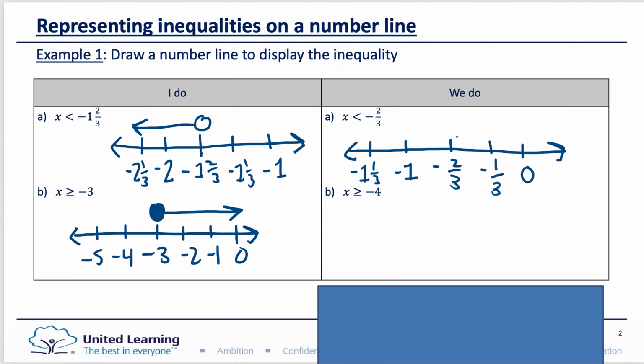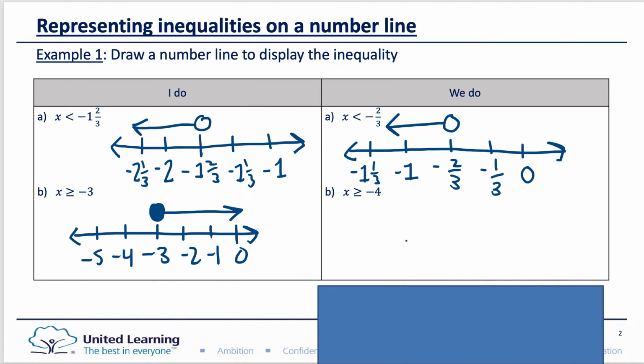Okay, cool. Now I'm going to put that circle above negative 2/3. Hopefully you did not fill it in, because there's no "or equals to", and I'm less than. So all of the numbers over here are less than that value. Perfect, so hopefully that's what you did.